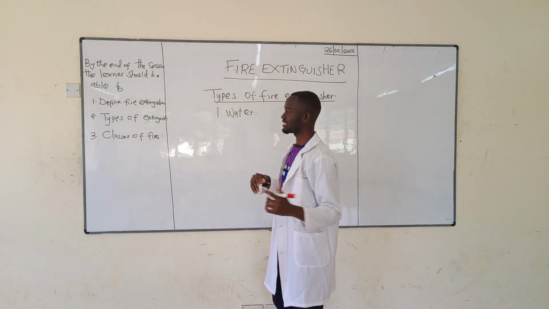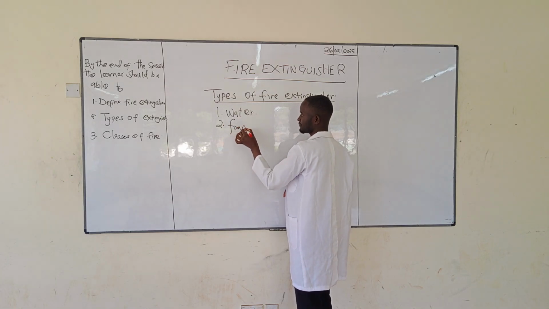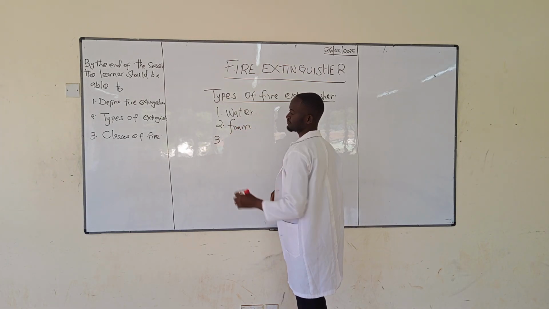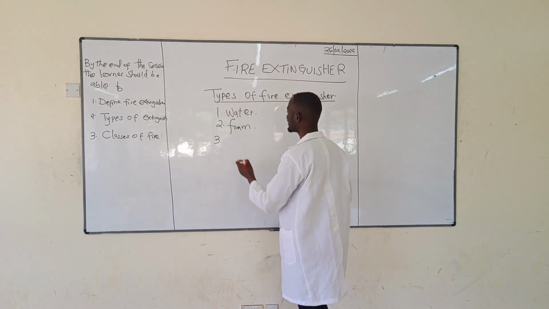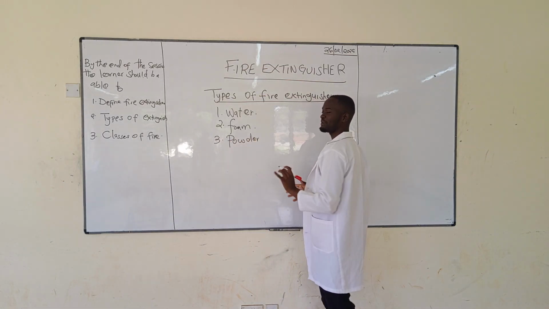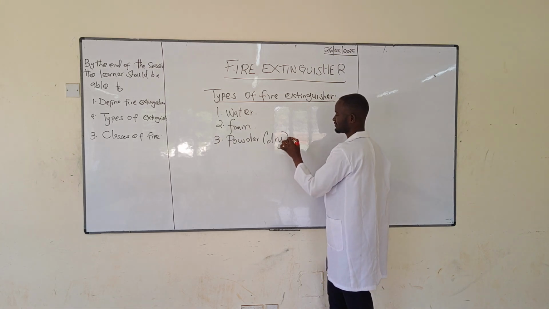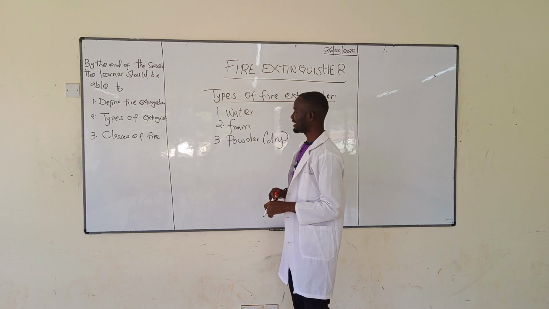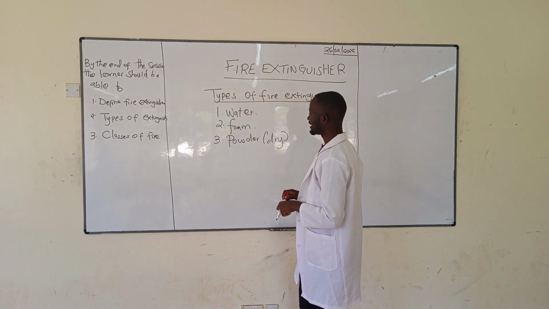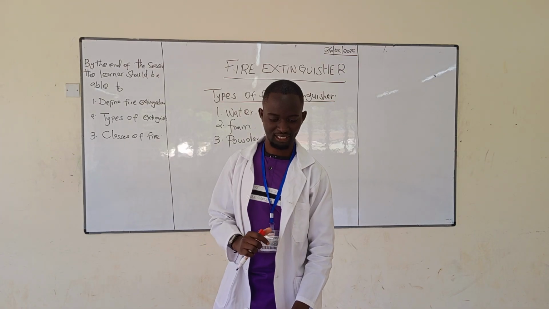We have the foam extinguisher. The third one, we have powder, and basically it should be a dry powder extinguisher. And there are a lot more that you should look at.